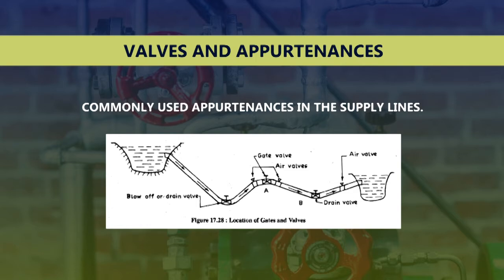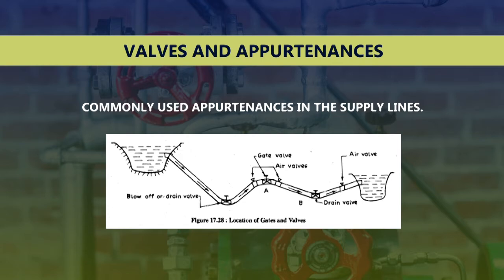If you look at the schematic 17.28, you can clearly see that between a sump and delivery, a number of valves are provided. These are different types of valves. For example, on a summit, we generally provide a gate valve. On either side of a gate valve on a summit, we generally provide valves known as air valves.